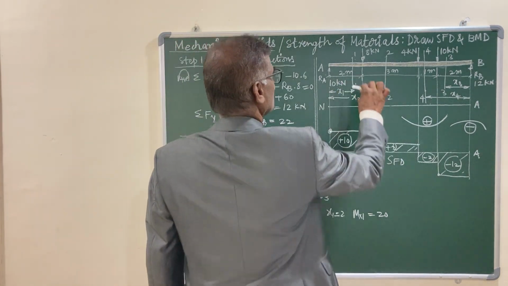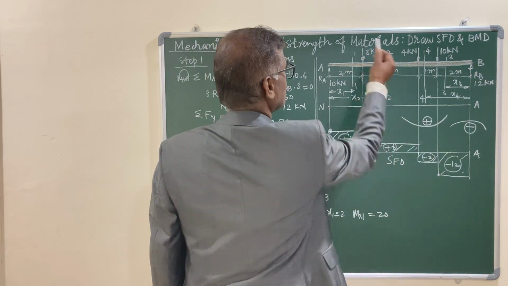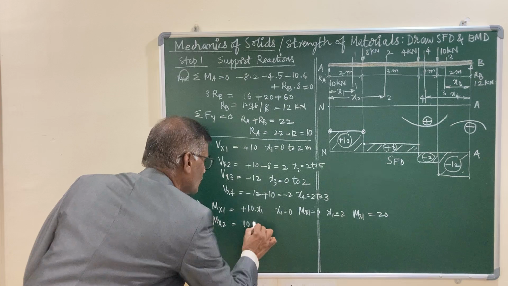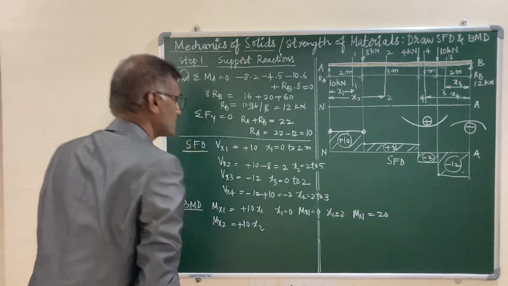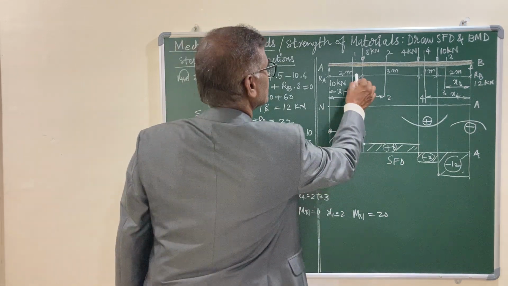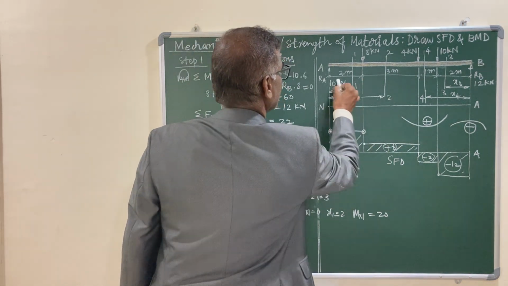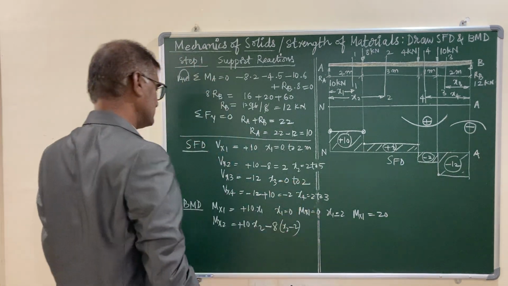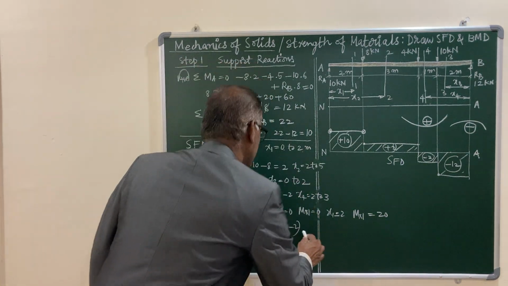Here 10 kilonewtons contributes a smile effect, and 8 kilonewtons contributes a sad effect. So it is plus 10 into x2 minus 8 into x2 minus 2. This is the equation.